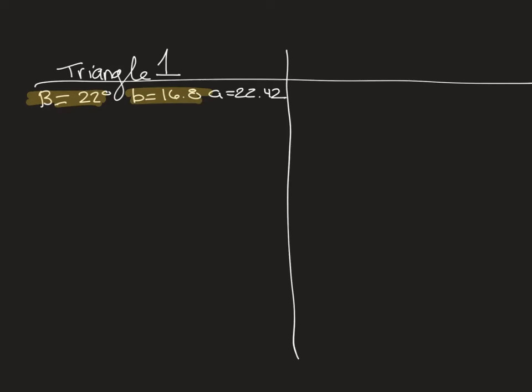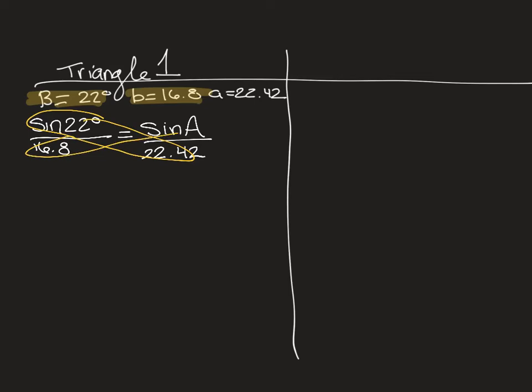I'm going to use the law of sines. So I'm going to do sine of 22 degrees over 16.8 equals sine of angle big A over side A, 22.42. And I'm going to cross multiply and then divide.